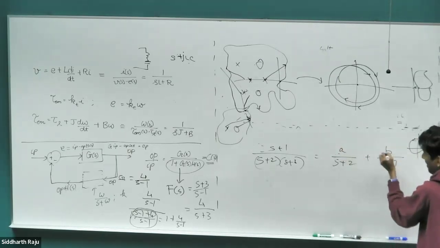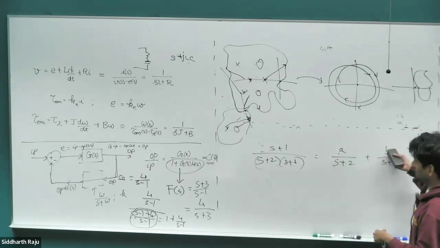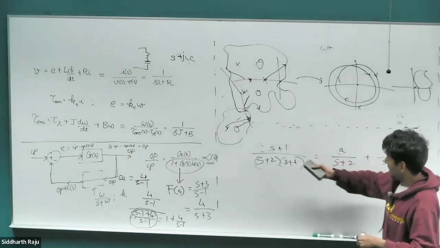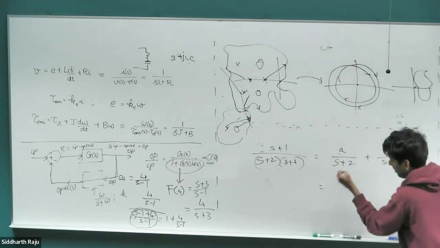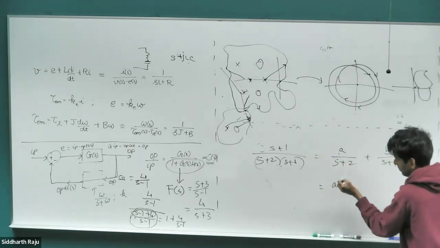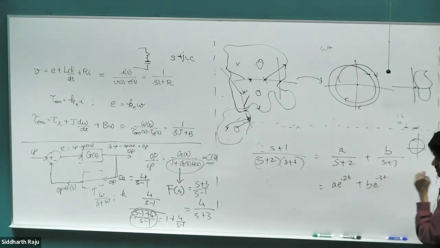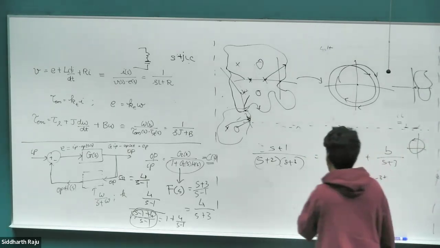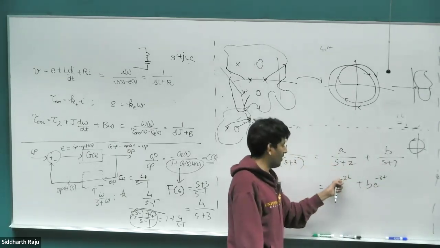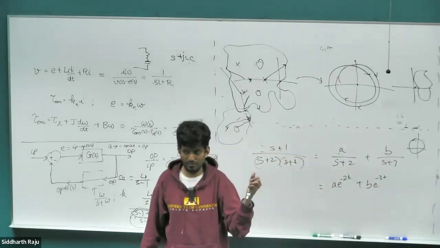So you'll get some coefficient a here, some coefficient b, right? And when I take the Laplace inverse of it, it will just be a e power negative 2t plus b e power minus 3t. The stability is determined by whether this coefficient is positive or negative.